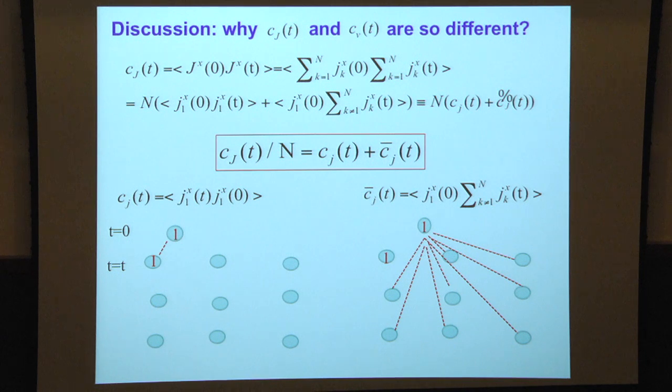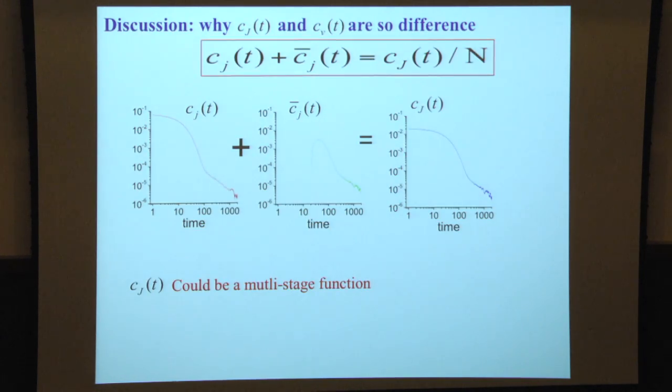These two terms you can calculate respectively, and you find the first term decays very similarly to the velocity correlation function. But the second term appears as a single peak function.